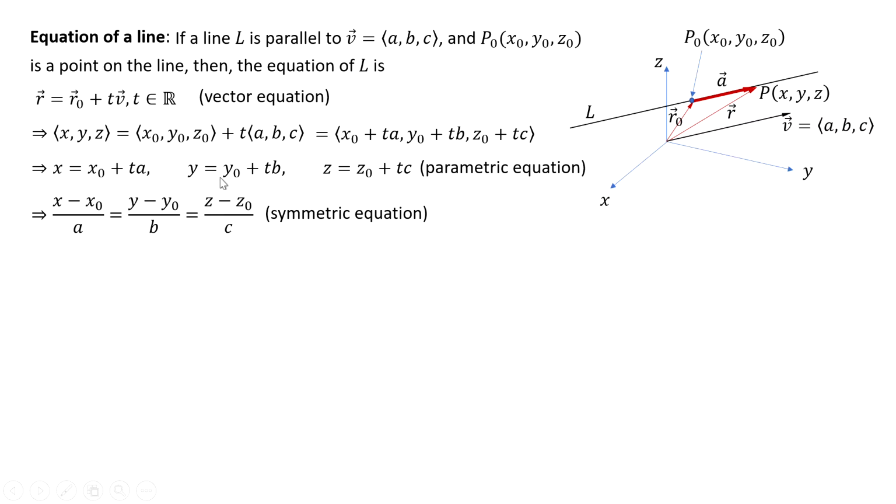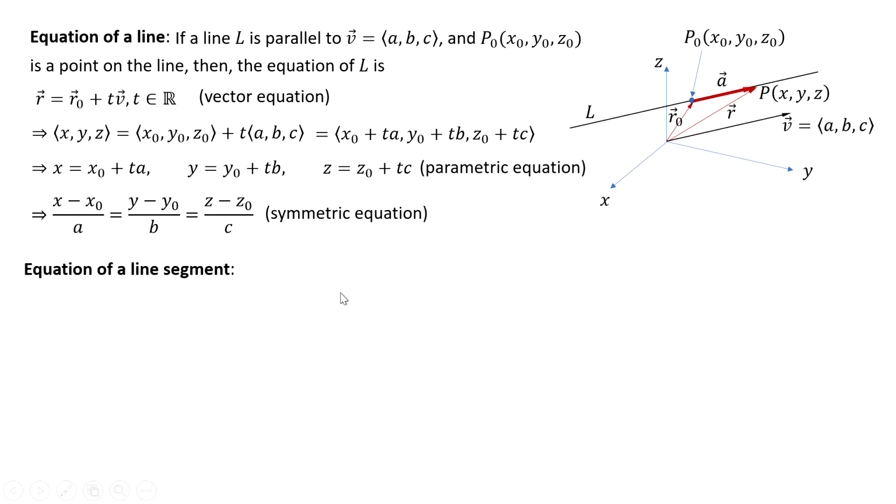Nope, they are the same. And so we can conveniently say x minus x sub 0 over a must be equal to y minus y sub 0 over b, and that in turn must be equal to z minus z sub 0 over c, and that's called the symmetric equation. And quite conveniently, it doesn't have that parameter t. Okay, so this is another form of the equation of a line.